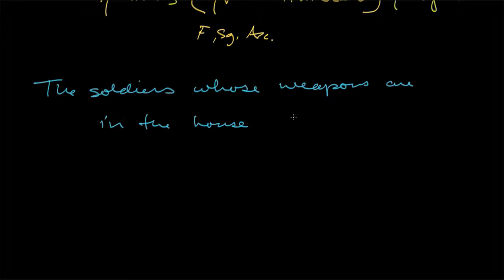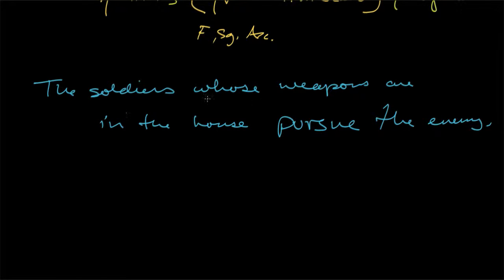There's got to be a fun verb that we haven't used in a while. I can't think of anything. This is a problem of teaching the same thing. I'm just getting used to falling into your little ruts, I guess. So the soldiers whose weapons are in the house pursue the enemy.